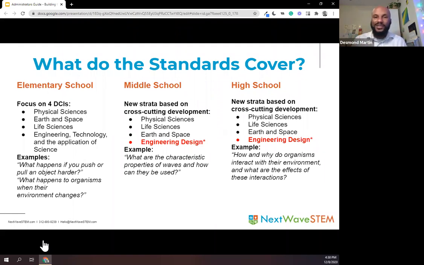Our students, when they engage in questions like what are the characteristics and properties of waves and how can they be used, we're asking them and building within them this foundational knowledge that may go into actual electromagnetic waves and solve some problems with how slow our Wi-Fi is in our school.